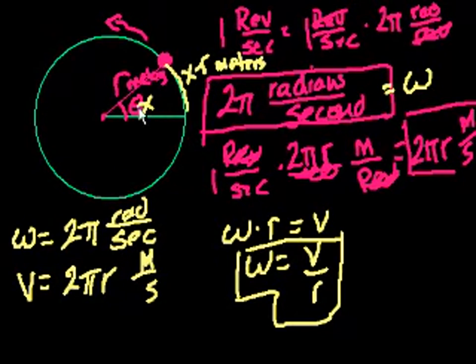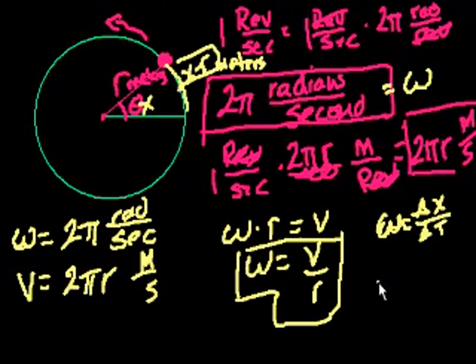But as you can see, if this angle is x, and this distance is x times r, and if omega is change in that angle over change in time, that's omega, then we know this is true too: velocity is just change in this over change in time, right?